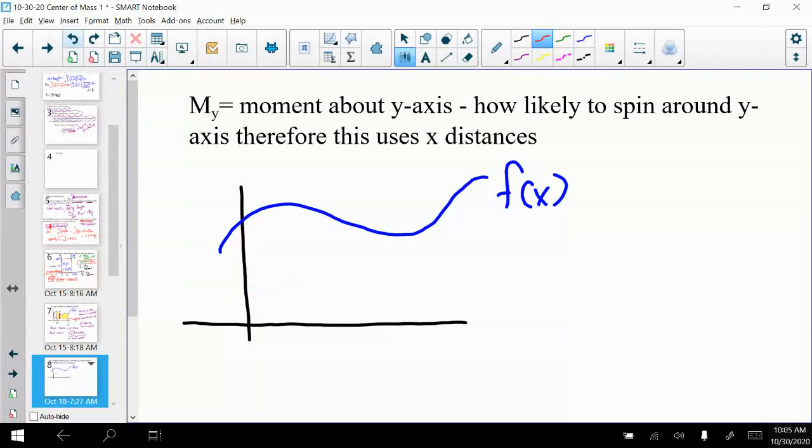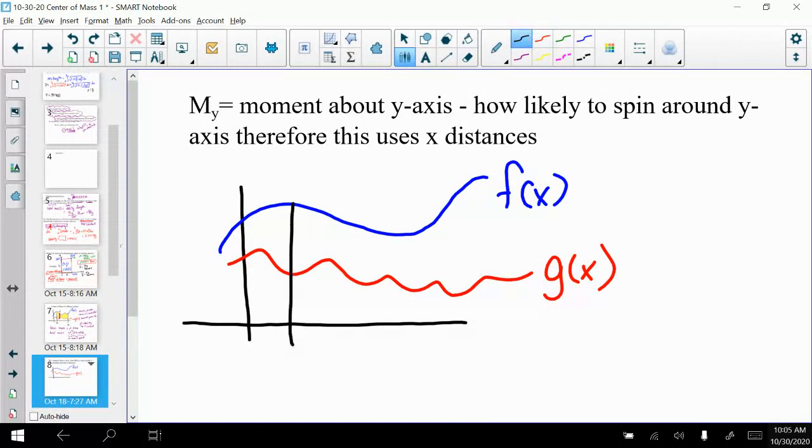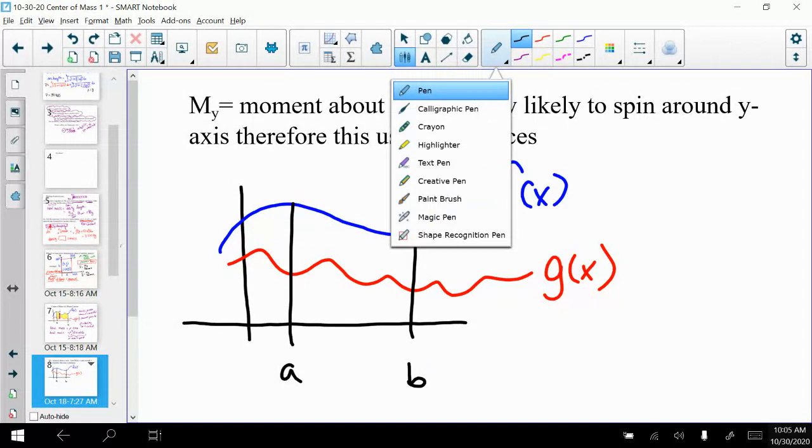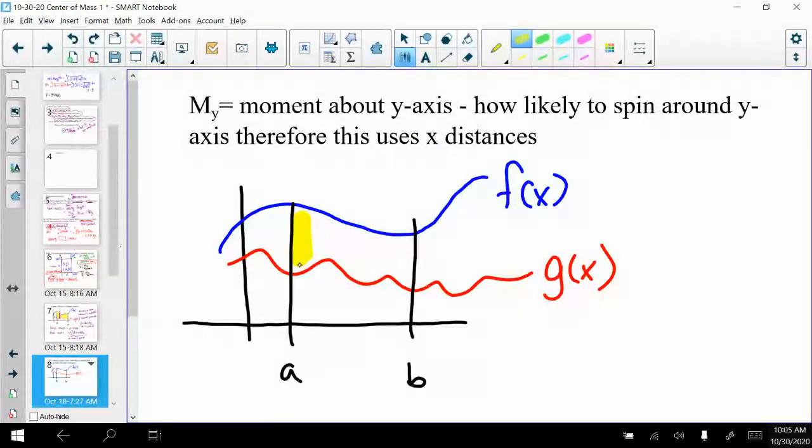They just are arbitrary calculus curves anyhow. And then we're going to go from a to b. If you do a better job and draw your pictures more closely, that's good too. Slightly different looking picture. So let's go to our moment about y.